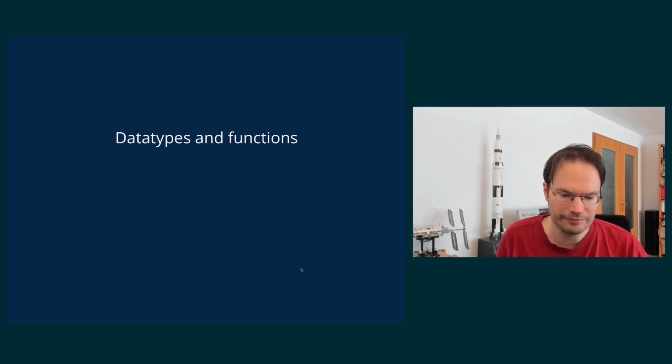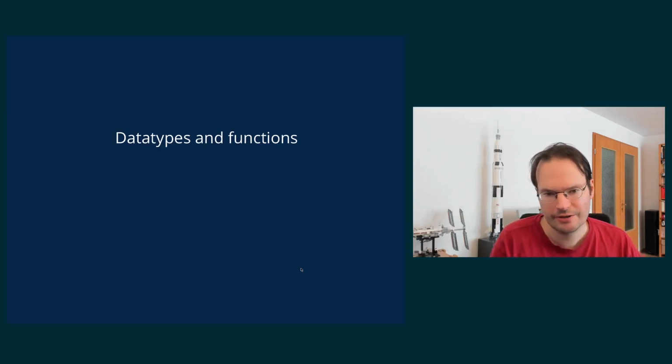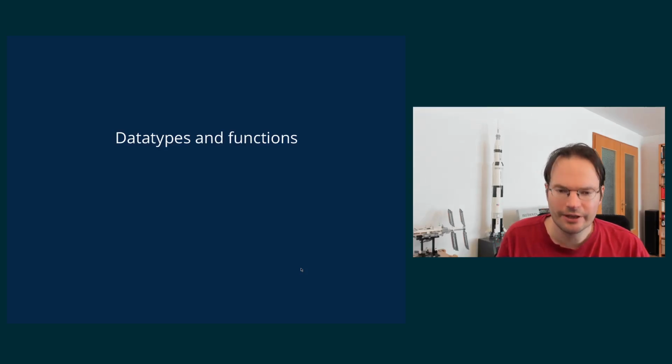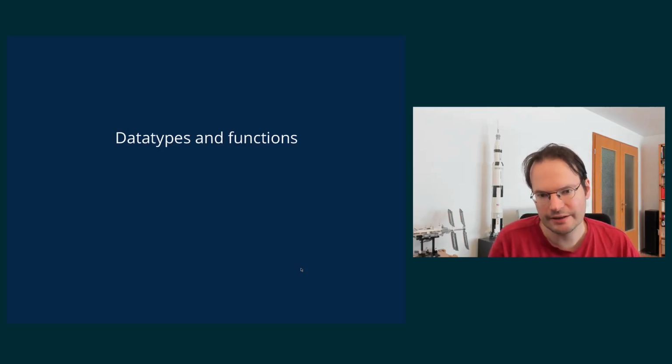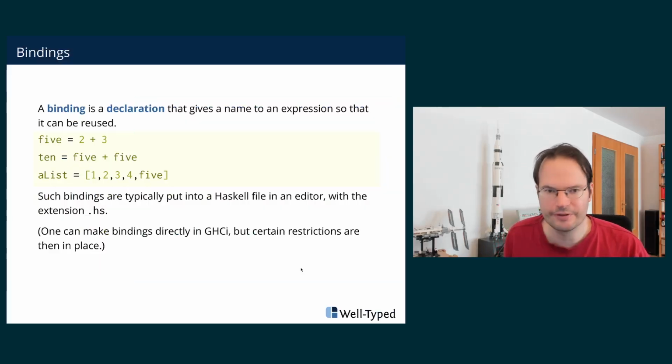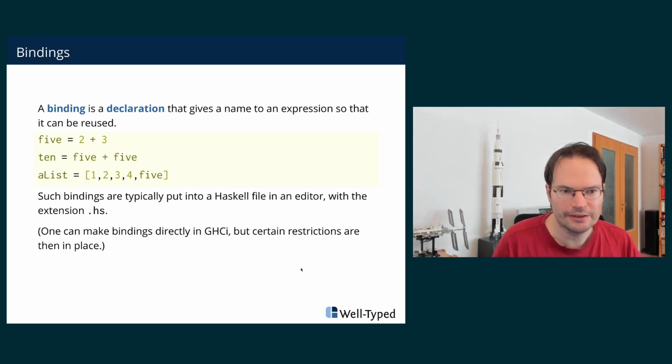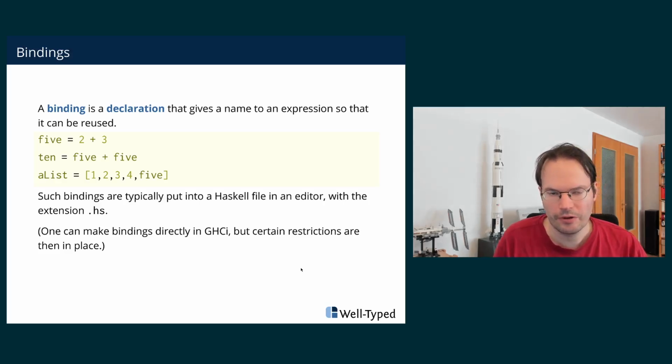And that means that we also have to switch from just working within GHCi to working within an actual editor, and that we have to look more closely again at the structure of Haskell modules and the declarations within those modules. And in particular, we're going to start with so-called bindings.